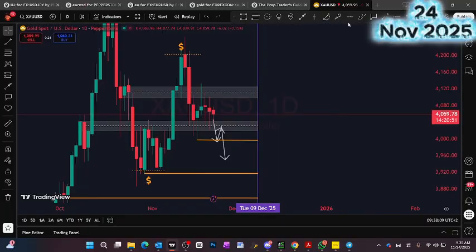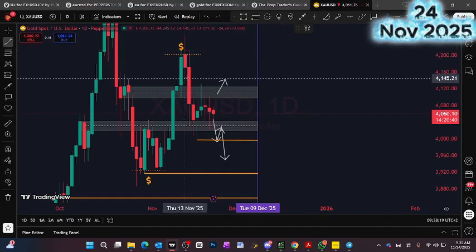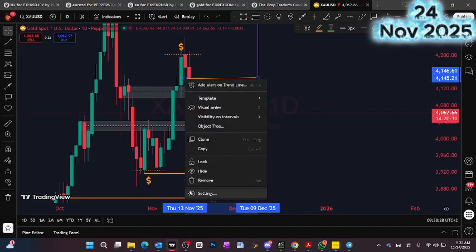So let's look at the top part. If price breaks it, I'll choose here as support now, or the resistance still.